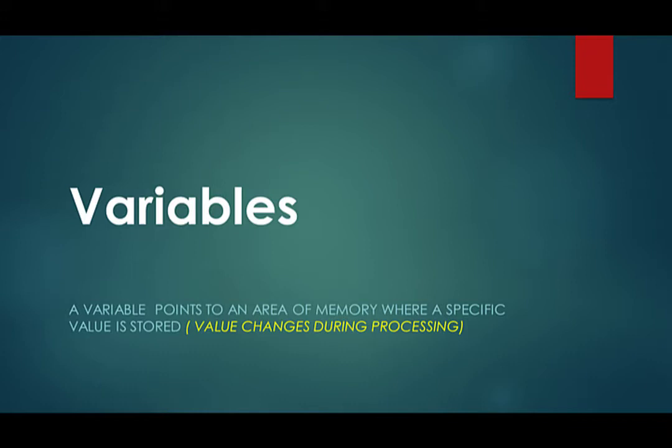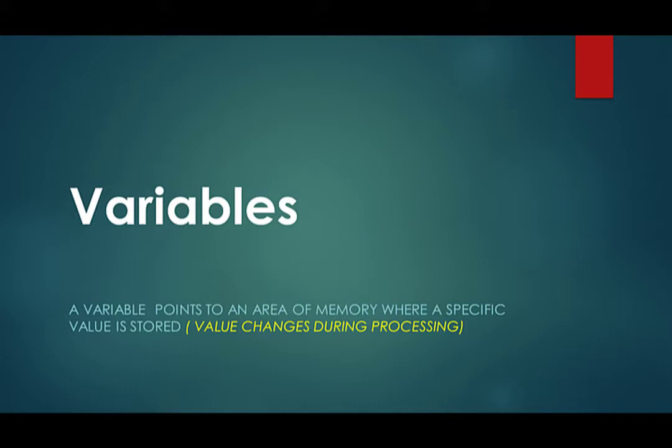So a variable basically is a pointer to an area of memory where we have data, right? As we know, in a computer system, data is stored in a binary format.